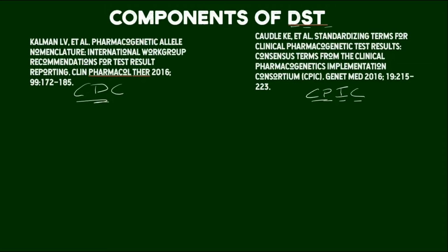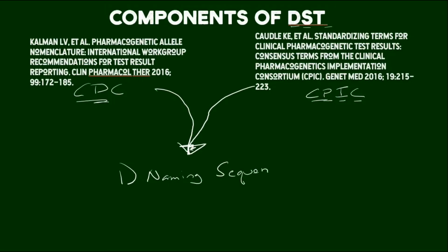These two groups have both come up with consensus guidelines suggesting that the components of a decision support tool should have two broad categories. The first is the naming of the sequence variants and how that is reported in the decision support tool. And second, the actual components of the test reporting itself, so the lab's actual reporting of the genetic results.